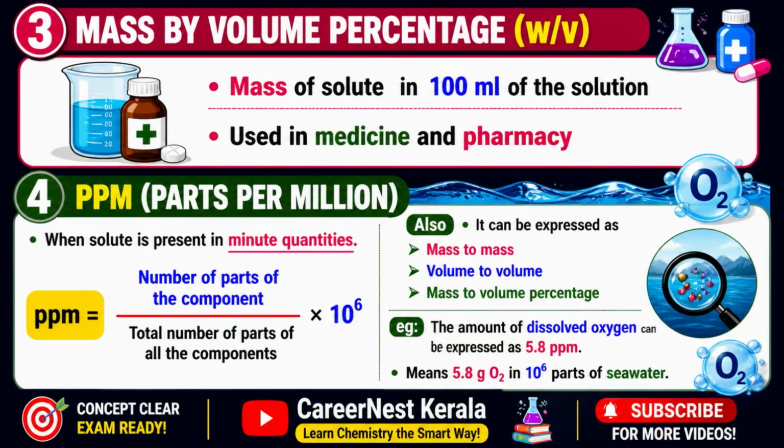Also, it can be expressed as mass to mass, volume to volume, mass to volume percentage. Example, the amount of dissolved oxygen can be expressed as 5.8 parts per million, means 5.8 grams of oxygen in 10 to the power 6 parts of seawater.